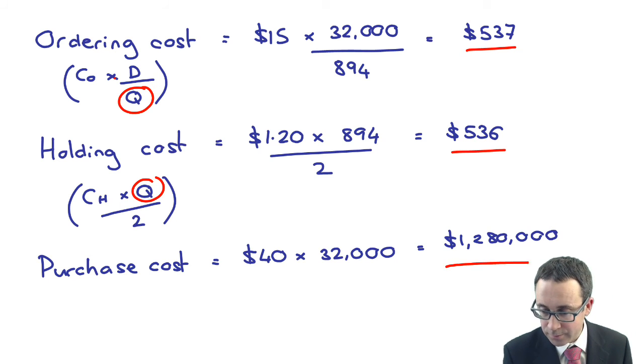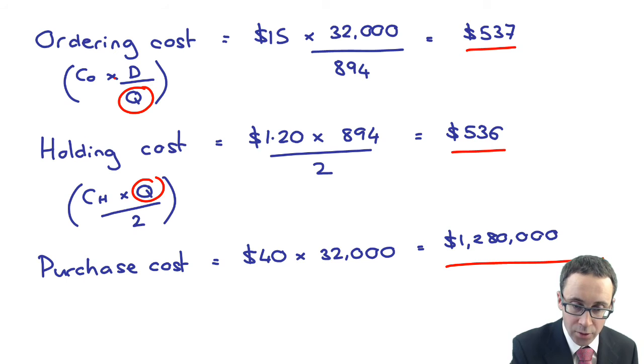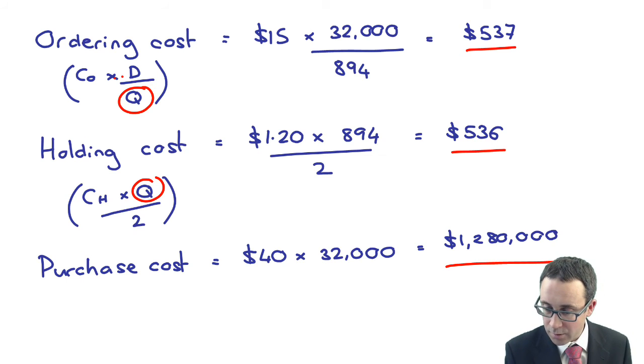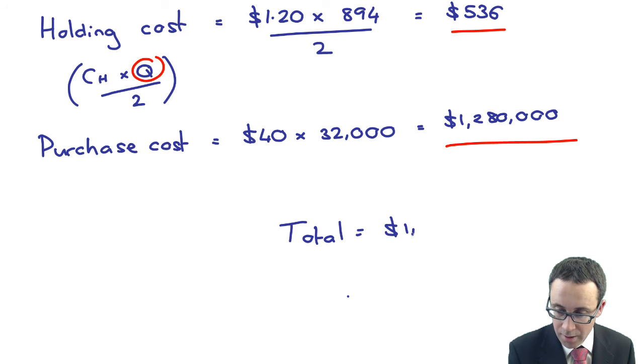Okay. If we go through and add those together, your total cost is $1,281,073. Okay.